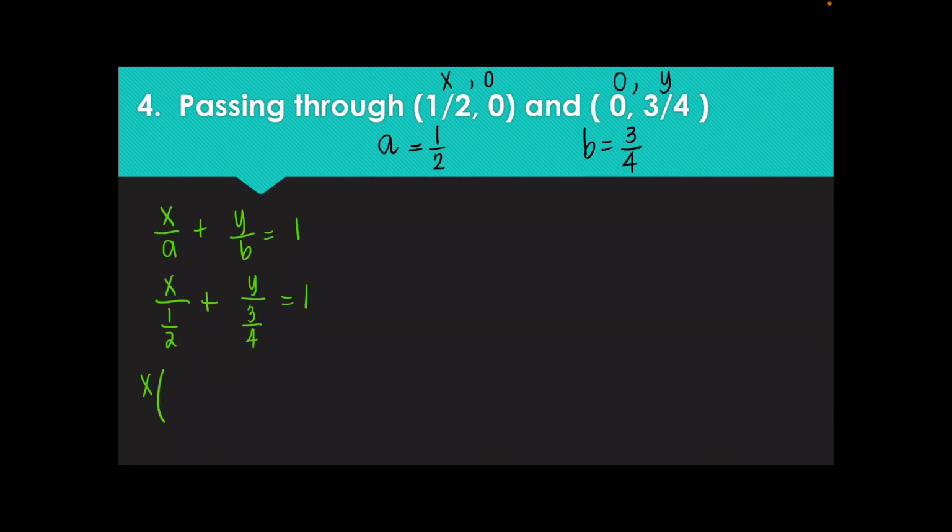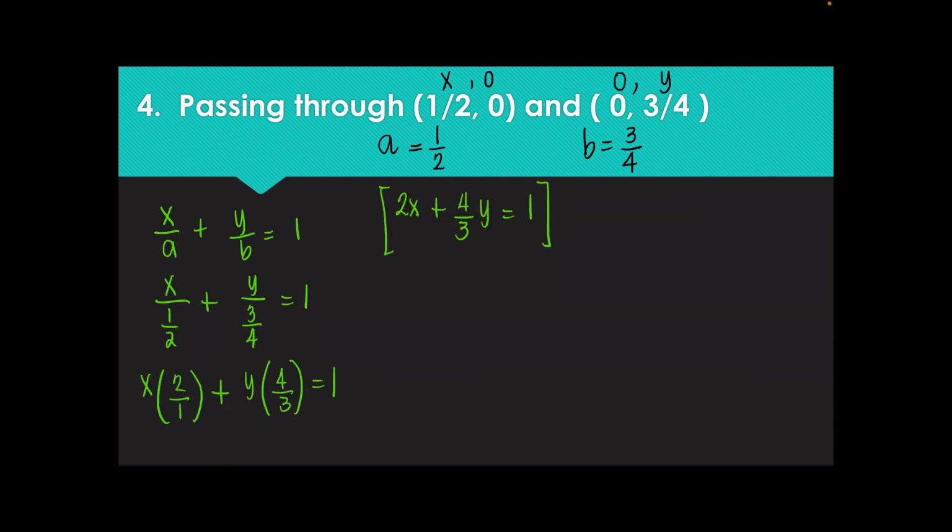So x times reciprocal of 1/2 is 2 over 1 plus y times reciprocal is 4 over 3 is equal to 1. Then we will rewrite it as 2x plus 4 over 3y is equal to 1.